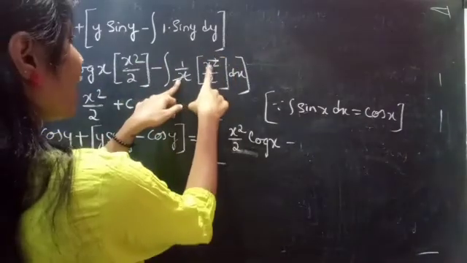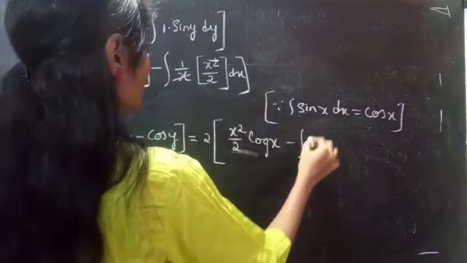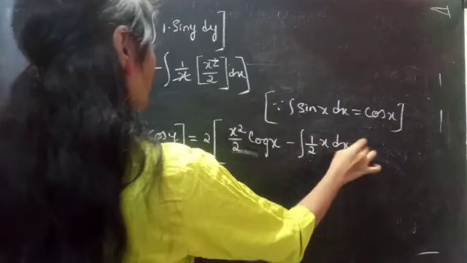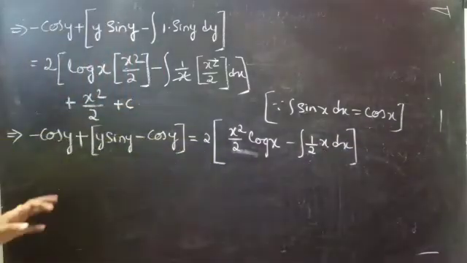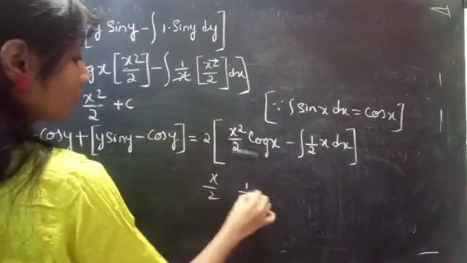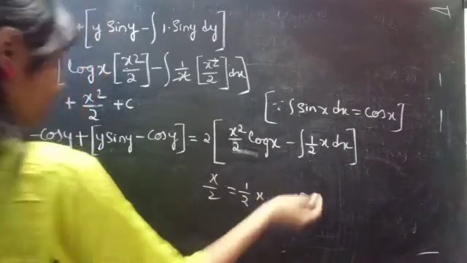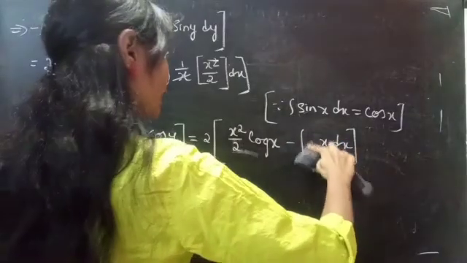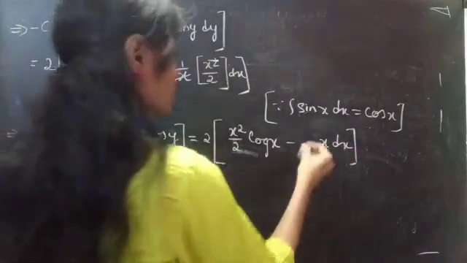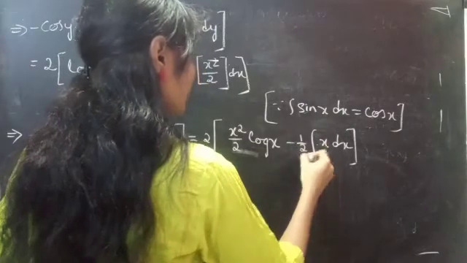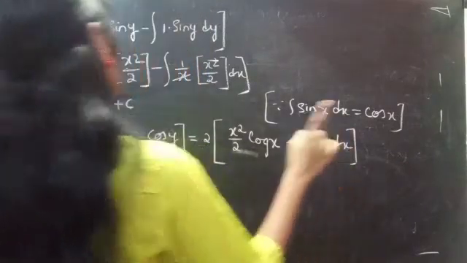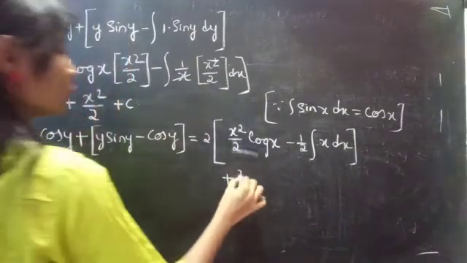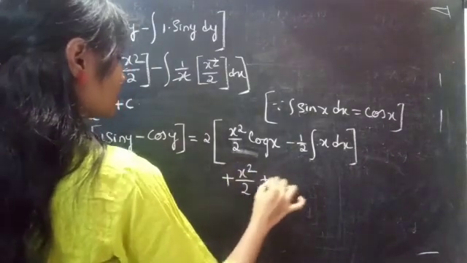So finally you'll have x by 2 integral 1 by 2 into x dx. You can write x by 2 as 1 by 2 into x. It will be easy, right? Since 1 by 2 is a constant, you can take it outside the integral. Finally, you'll get 1 by 2 into integral x dx plus x square by 2 plus c.